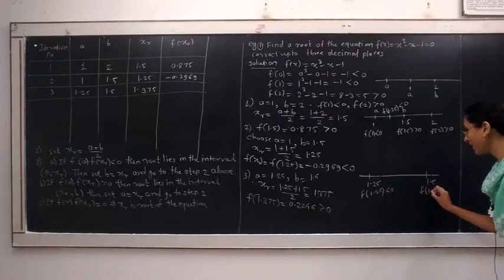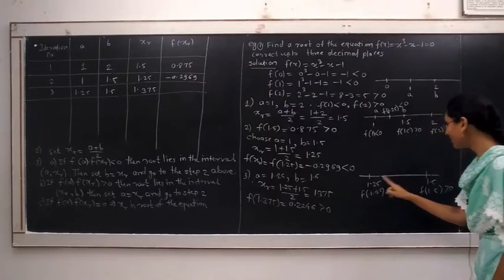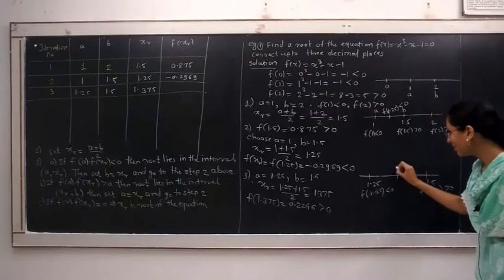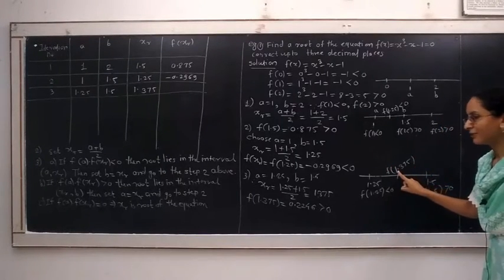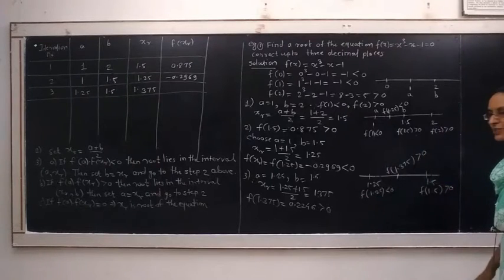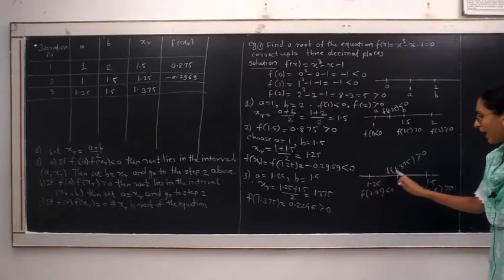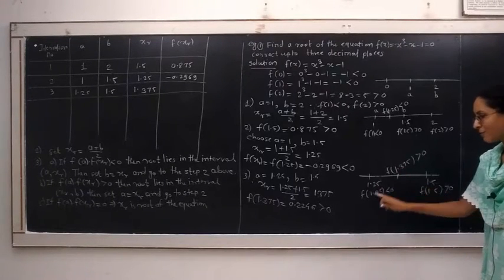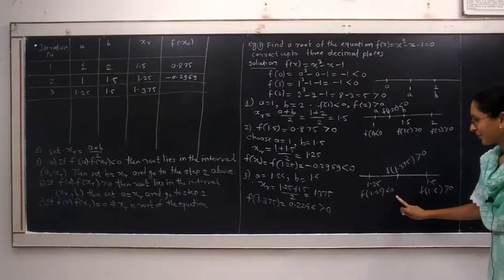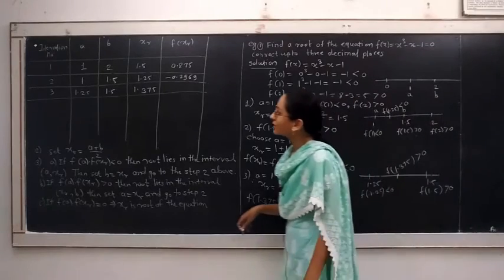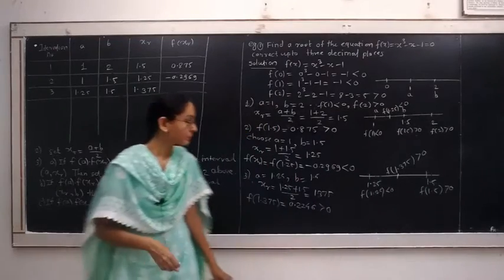F of 1.5 is positive, greater than 0, and in between these two numbers there is one number 1.375, and f of 1.375 is positive. Hence, the root lies between 1.25 and 1.375, because f of 1.25 and f of 1.375 are of opposite signs. Hence, in third iteration, f of 1.375 is 0.2246.